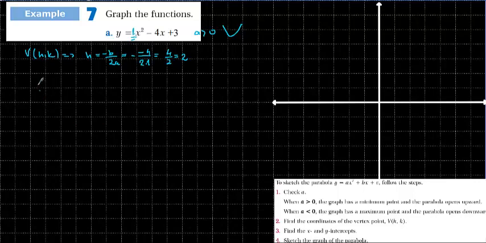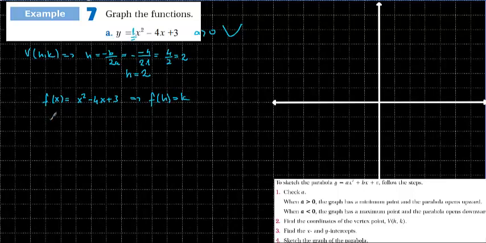So the first value of the vertex point, h, is equal to 2, and we know that f(x) is equal to x squared minus 4x plus 3.